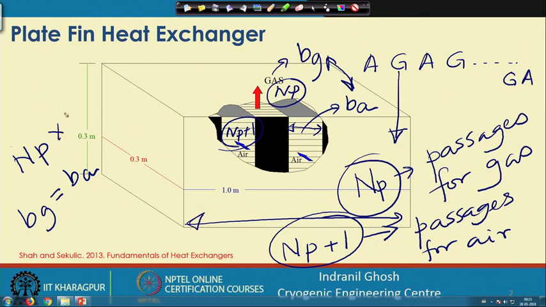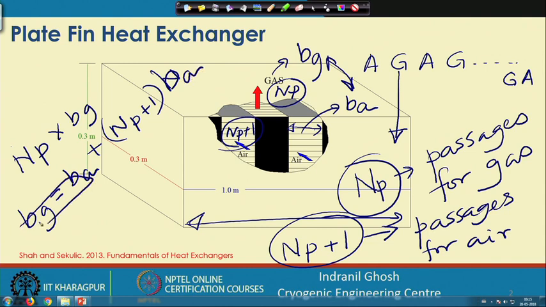So we have N p into B g plus N p plus 1 into B a, and this should be equal to this 1 meter length, but it is not so.